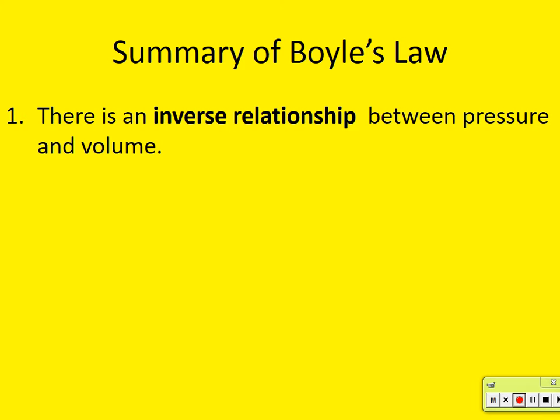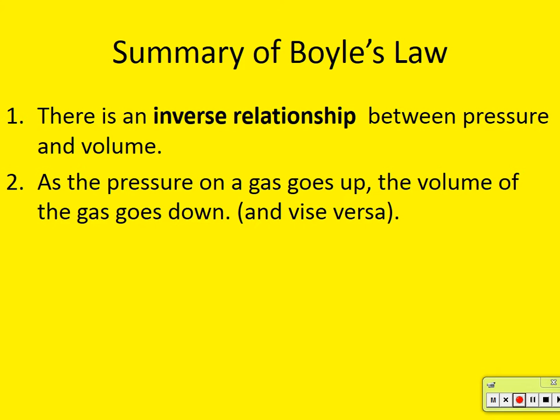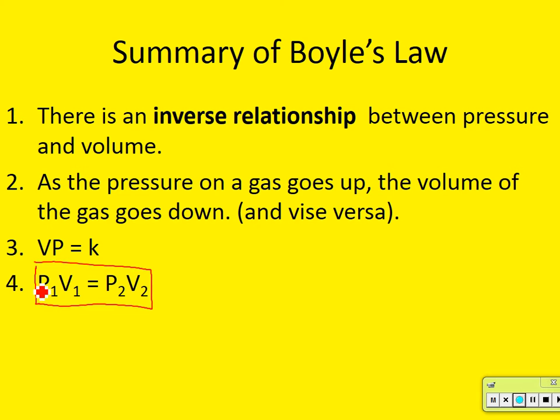Number 2, as the pressure on a gas goes up, so you put more pressure on it, the volume of the gas goes down, and vice versa. Volume times pressure is equal to a constant. Another way of saying that is that P1 times V1 is equal to P2 times V2.